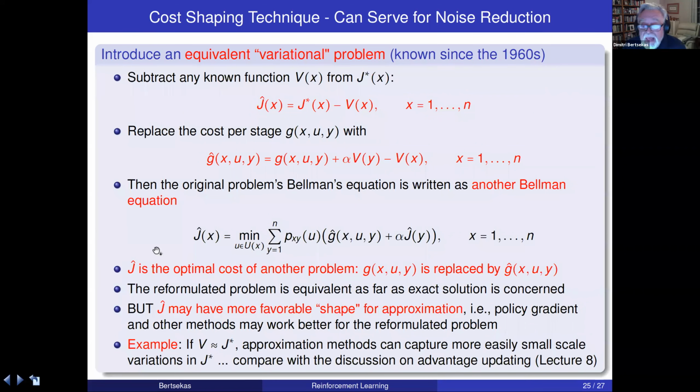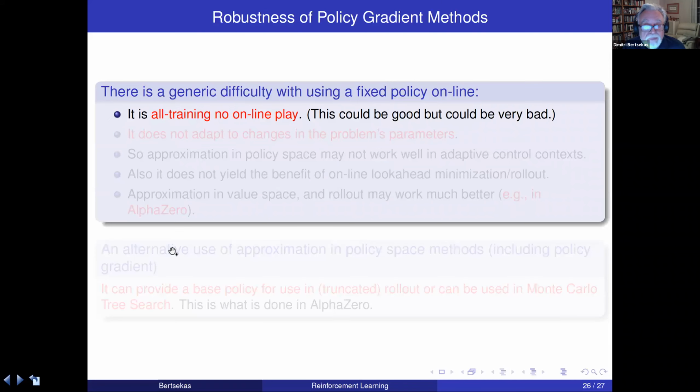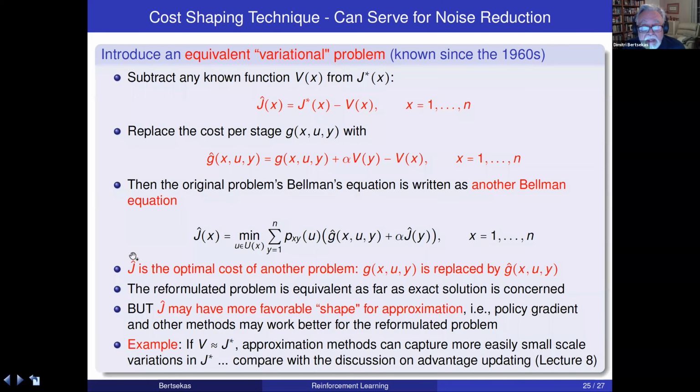By the way, the issues here in policy gradient methods, including the step size issue, and also the mini batching, how many gradients do you batch together? All of this is part and parcel of the general methodology of incremental gradient methods.